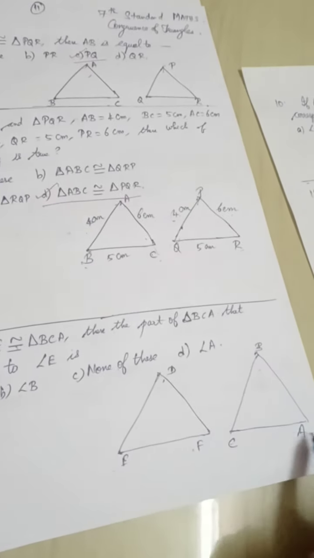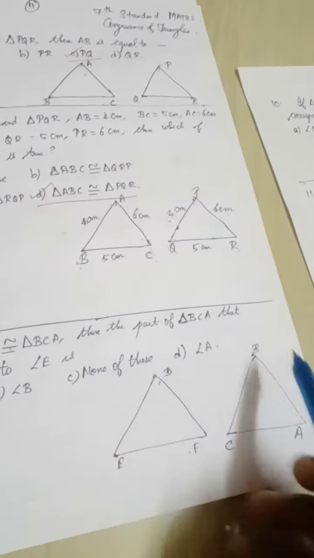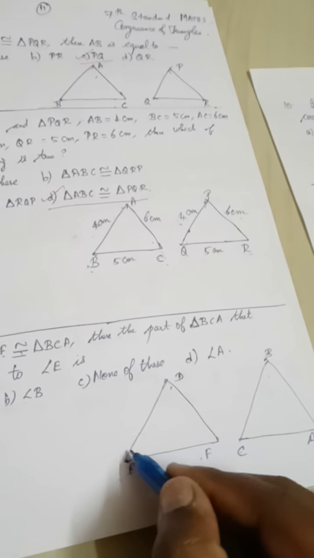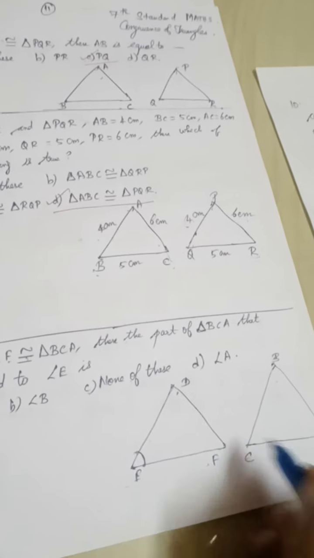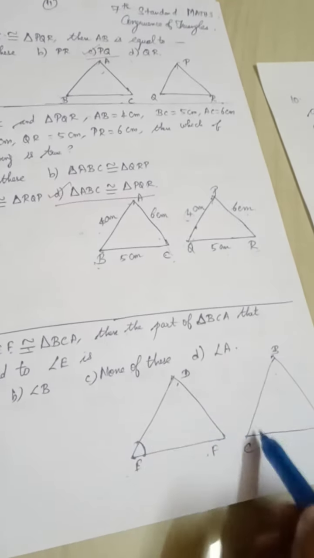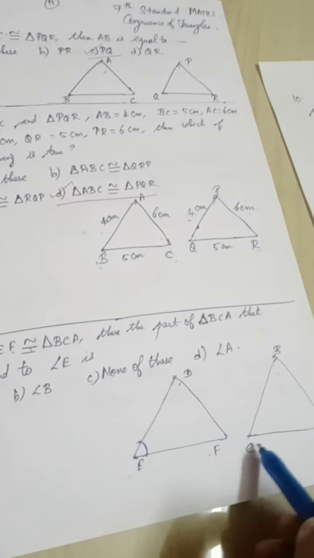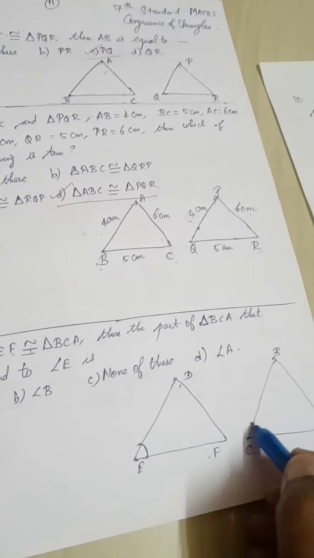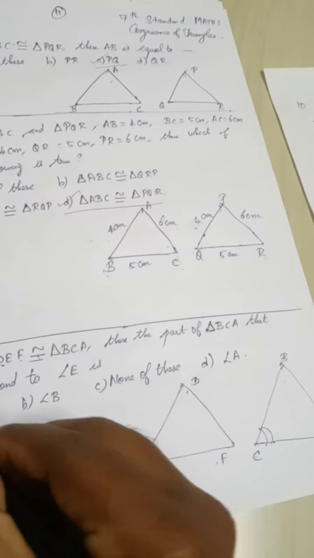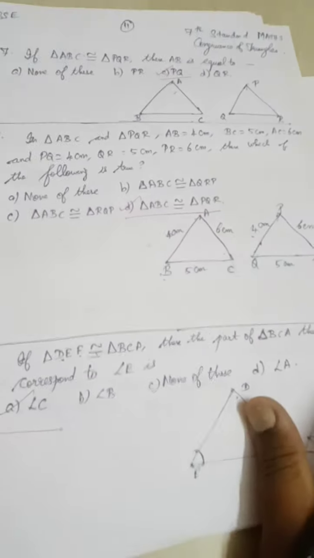The part of triangle BCA corresponding to angle E is angle C. So angle C is the answer.